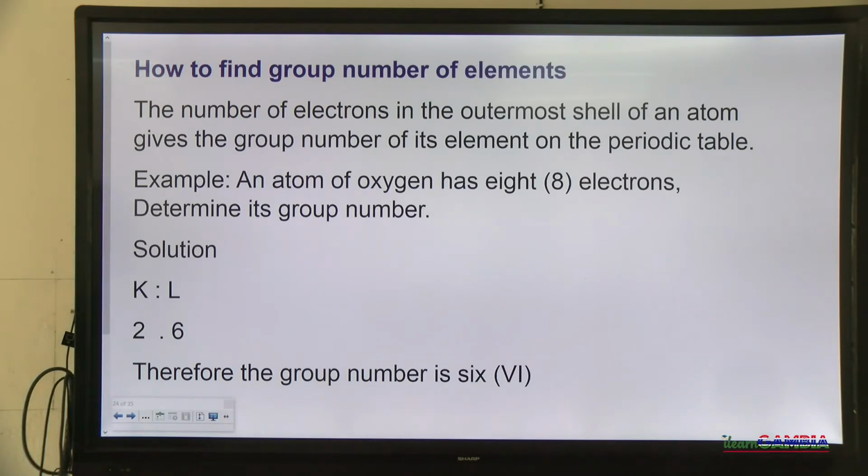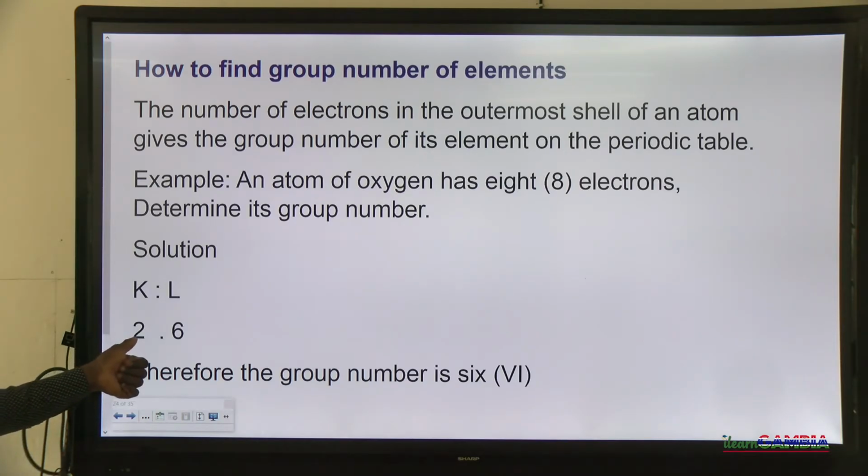For example, an atom of oxygen has 8 electrons. Determine its group number. In solving this problem, first we have to write the electronic configuration of the atom, using the KLMN shells that we are coming to explore later on.